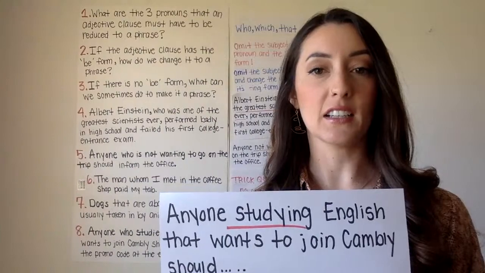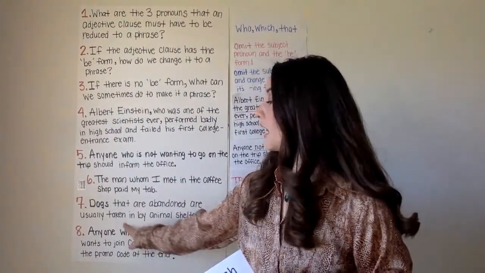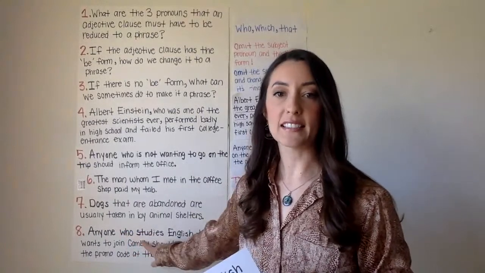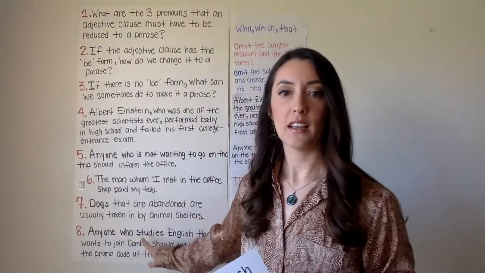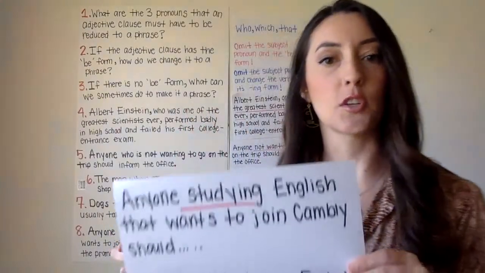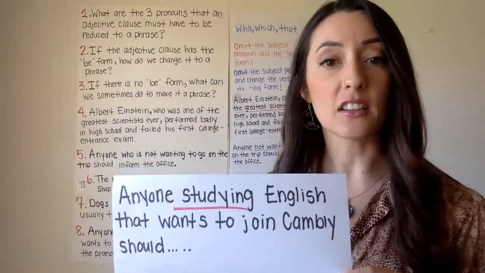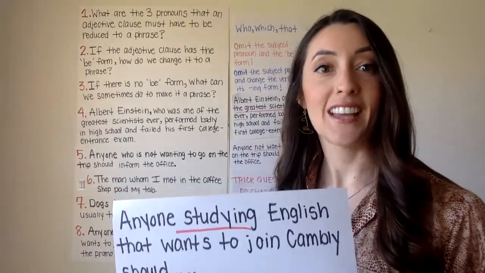Anyone studying, okay? So in this one, I went by the subject pronoun who. It doesn't have the verb be here, so I just deleted who and made studies studying. I added the ing, so I followed rule number 2.